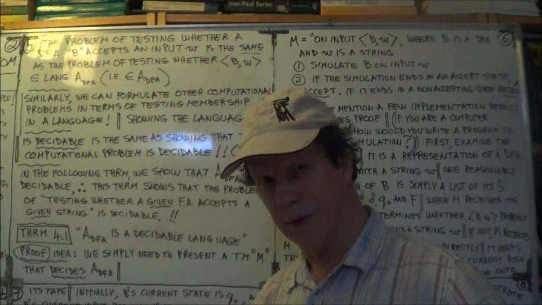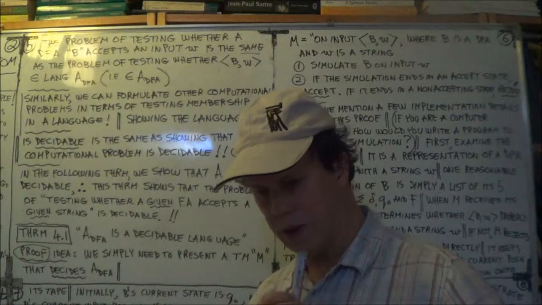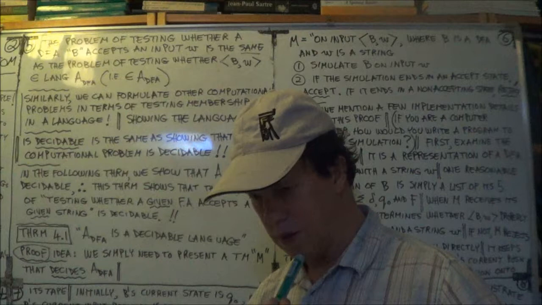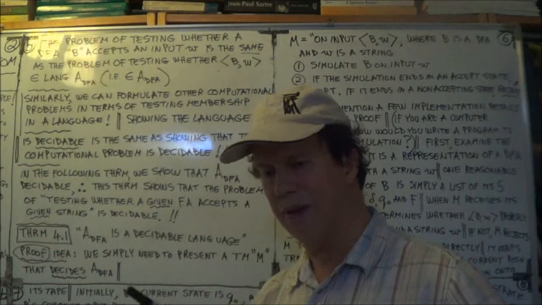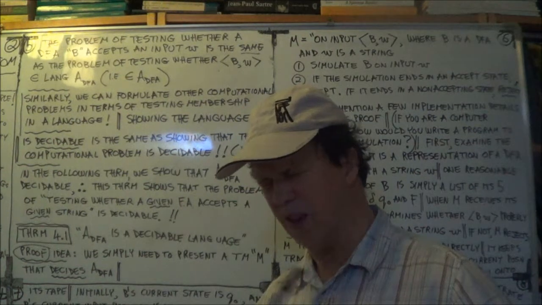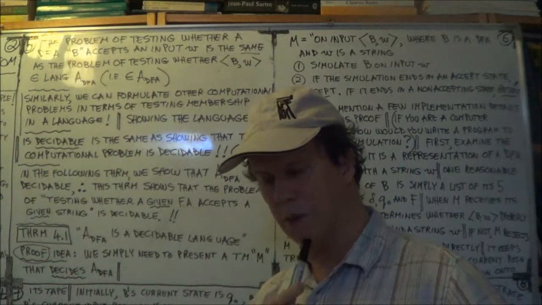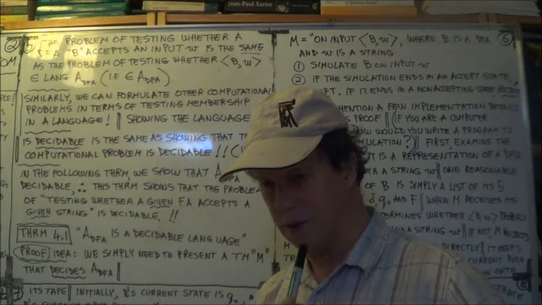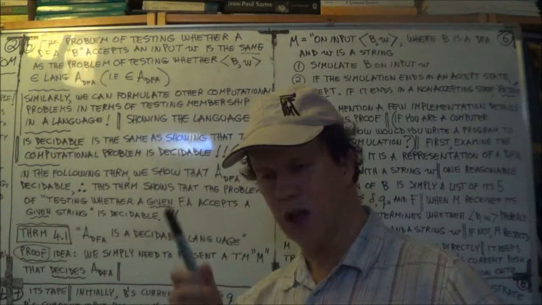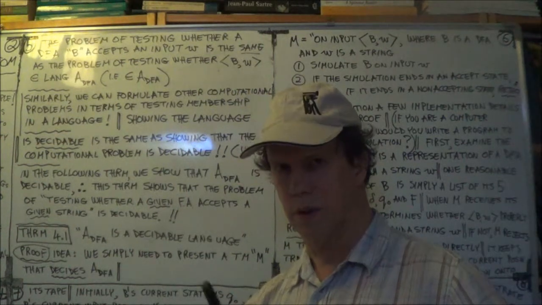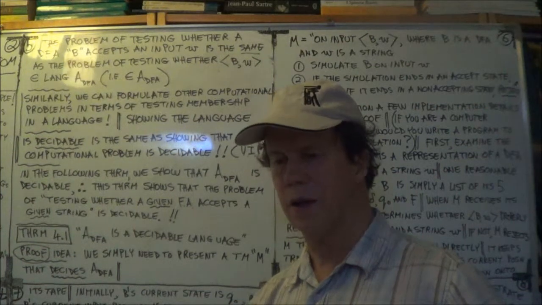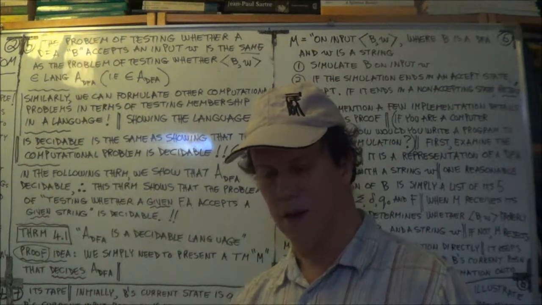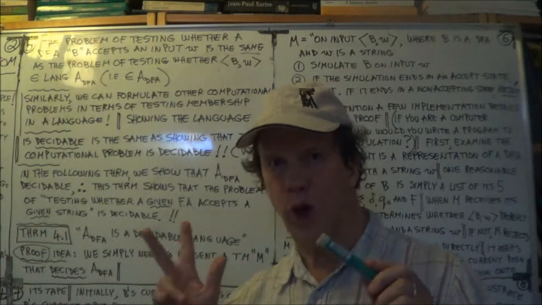It's a decider. And a language that consists of strings that are accepted by a Turing machine, and all other strings are not accepted by that Turing machine, such a language is decidable. The Turing machine decides the language. It accepts all the strings of the language and it rejects all other strings.